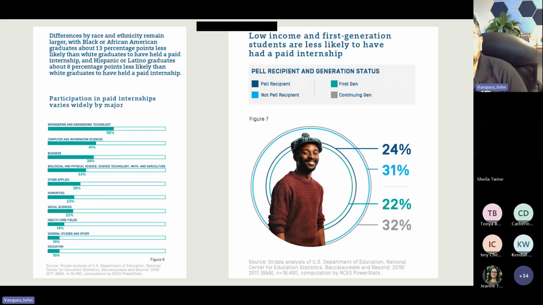But what winds up happening is they're not able to engage in activities like work-based learning because they have so little time outside the classroom. They're taking college level courses, and they're on an accelerated academic journey, so they don't have as much time.